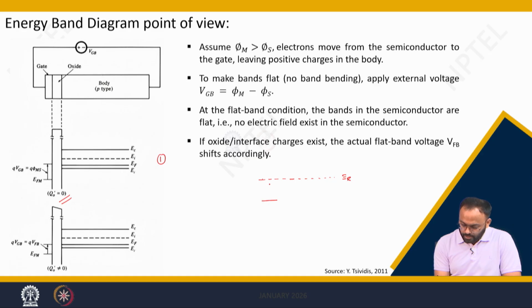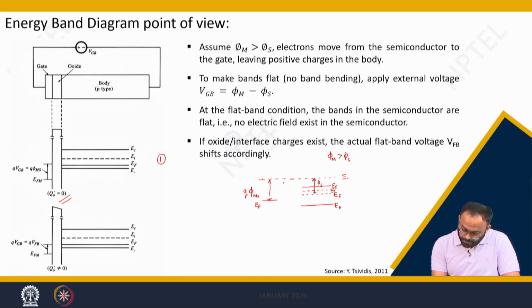There is a metal Fermi level, and this is the work function of metal, phi m, and we are considering that phi m is greater than phi s. So, I need to make a phi s also, with reference to the Fermi level. Around the Fermi level I can build the other energy levels: this is Ei, this is Ec, and this is Ev.